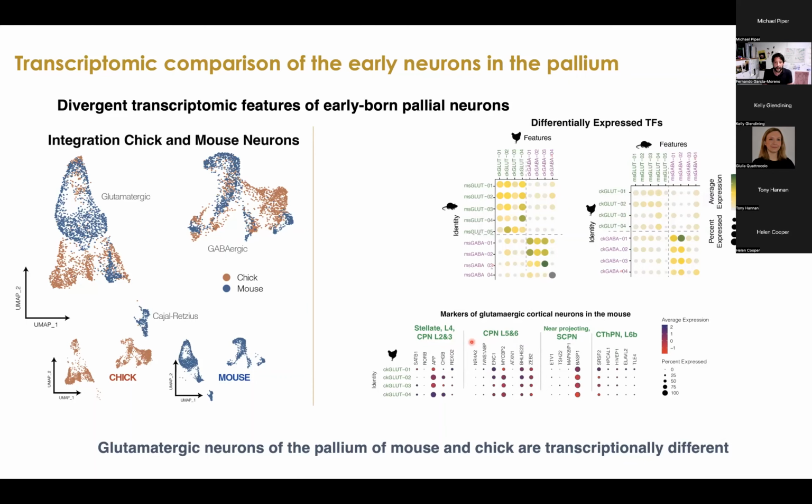And what we see is that our glutamatergic clusters are not similar to any combination of transcription factors from any projection neuron in the cortex. Just summarizing, glutamatergic neurons of the pallium of mouse and chick are transcriptionally different. And for sure, this is a reflection of their different neurogenic process and their different developmental program.